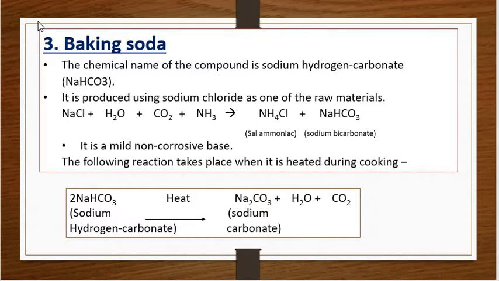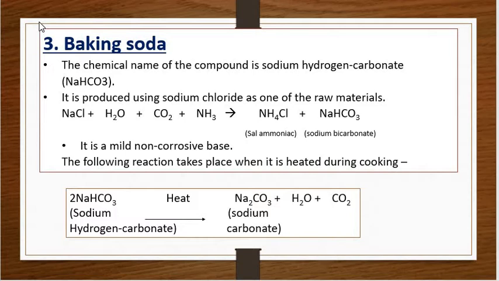So we can say that this compound is formed with the help of sodium chloride as one of the ingredients. The preparation of baking soda: we take brine solution, and in brine solution we pass carbon dioxide and ammonia gas.